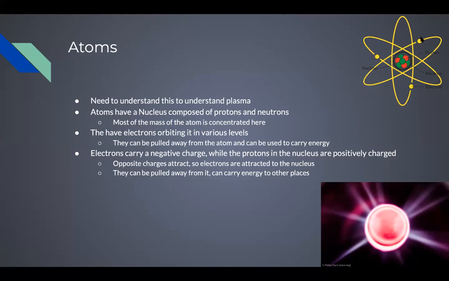They have electrons orbiting the nucleus at various energy levels, if you will. That's the simplest way to put it. And the thing is, electrons have their own charge. It's a negative charge. So electrons carry a negative charge, and they are attracted to the protons in the nucleus, which carry a positive charge.